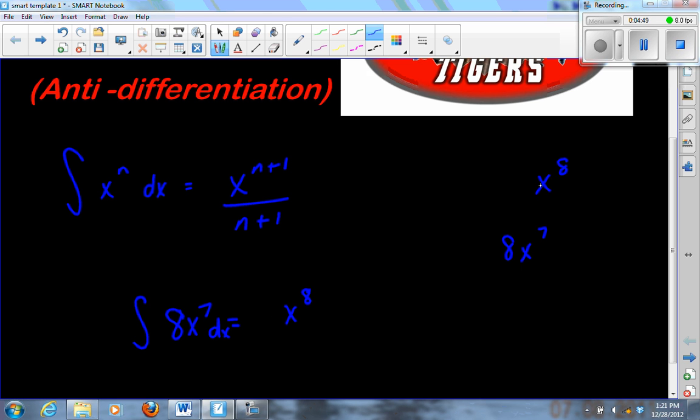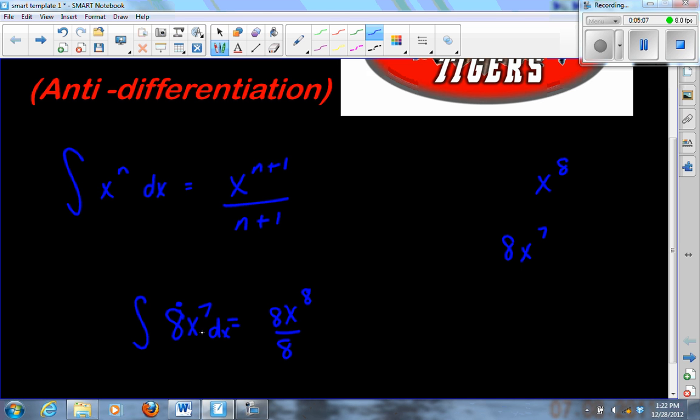And to take the derivative, we multiply by the power up here. So that means I probably need to do the opposite of that, which would be to divide by my new power. And notice I had this 8 already in here.